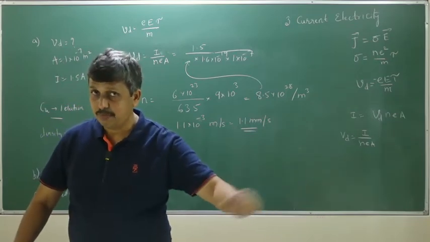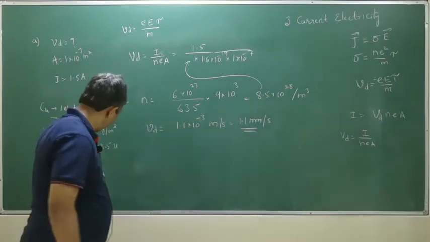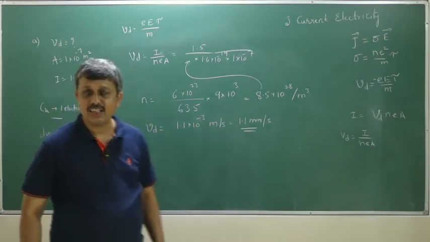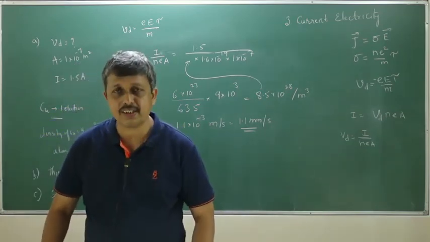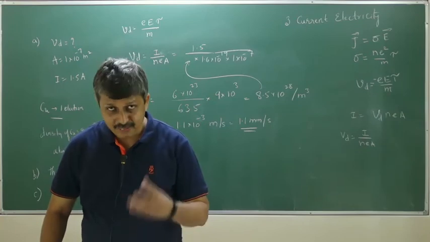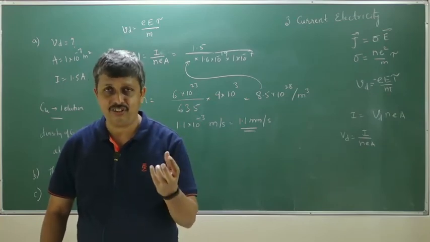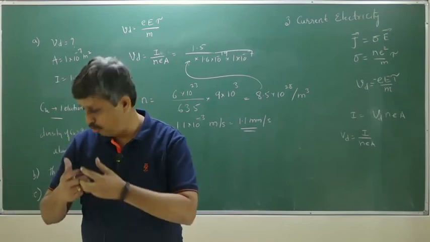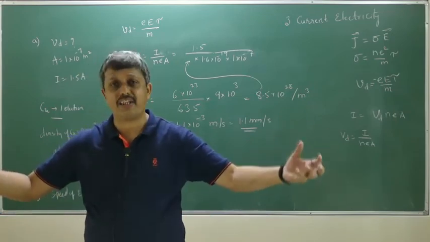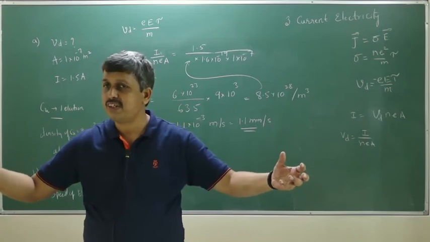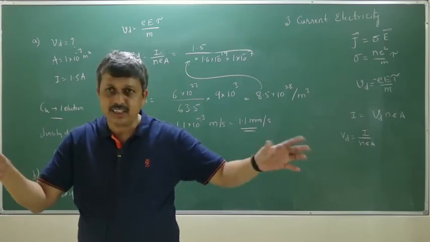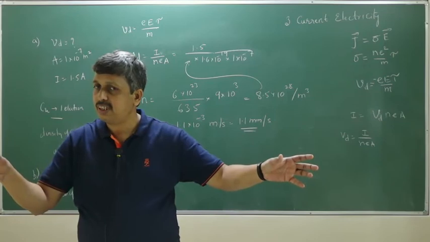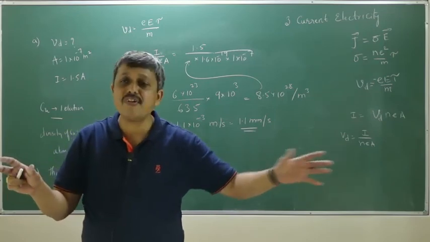No, because of the C part: the speed of the electric field, which we are going to study later in electromagnetic theory, is like the speed of light. The moment you set up an electric field, it is set up on the whole conductor everywhere. Electrons are drifting everywhere.